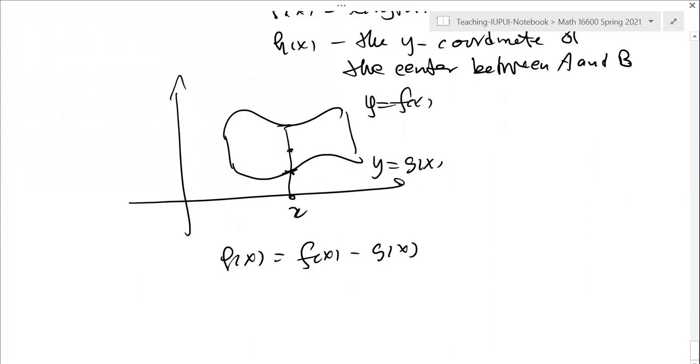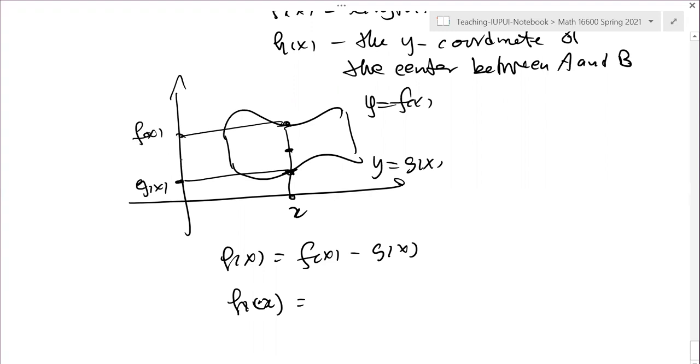The center is the y coordinate. h of x is the y coordinate of the center between those two points. So h of x is going to be the center, right? So y coordinate. This is g of x. This is f of x, right?